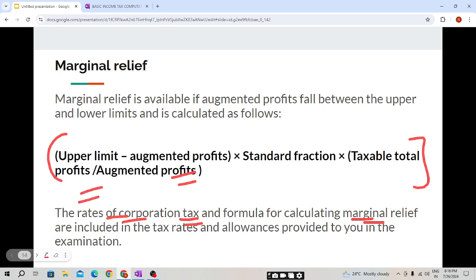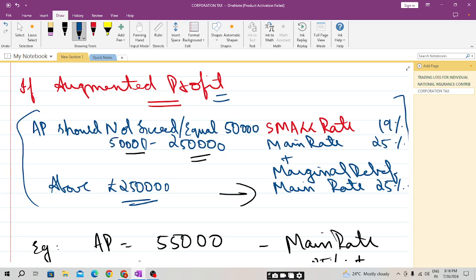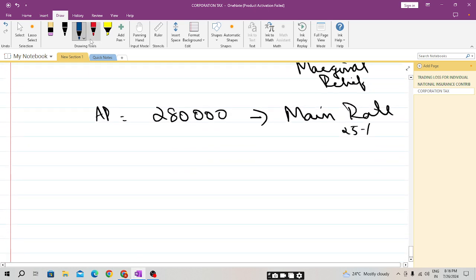This will also be provided, as it is mentioned here. Now students, we have already seen the marginal relief. The marginal relief formula will be marginal relief.